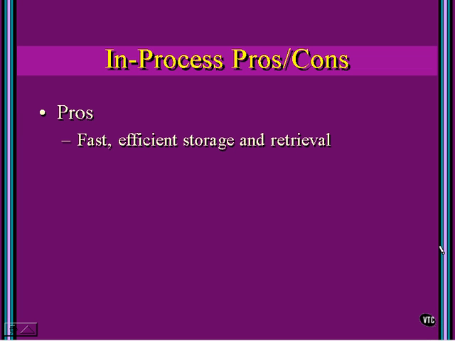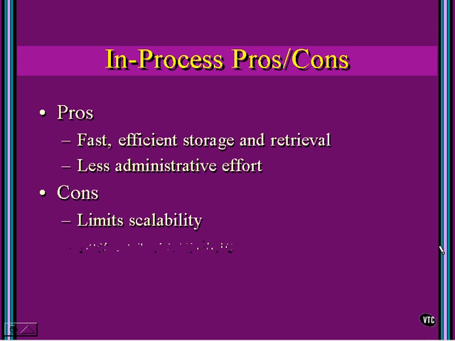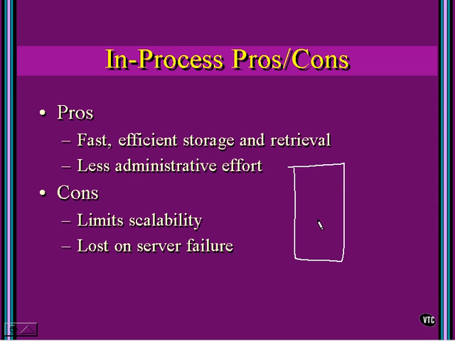It's fast and it's efficient since it's in the same memory fence, if you want to think of it that way. It can write the stuff and grab it and check it quickly. It's less administrative effort because it's the default. Okay, but there are some problems with it. First of all, it limits scalability, and your state management information can get lost on server failure.